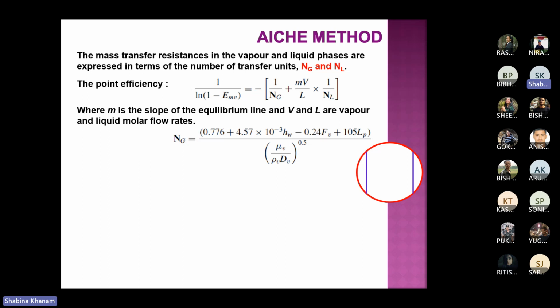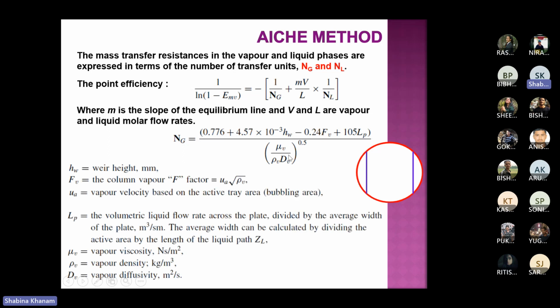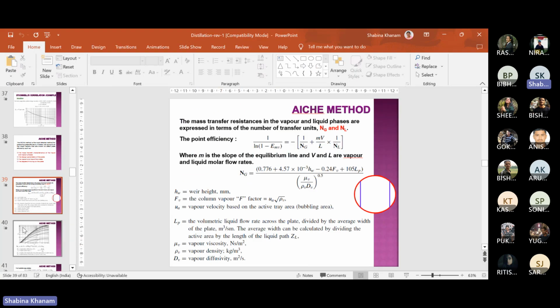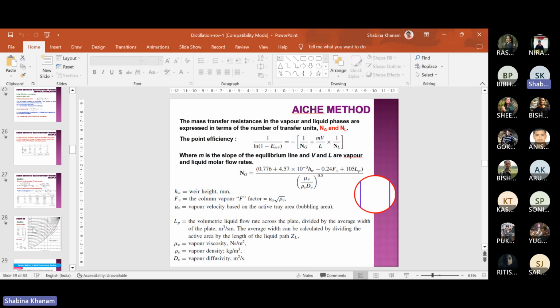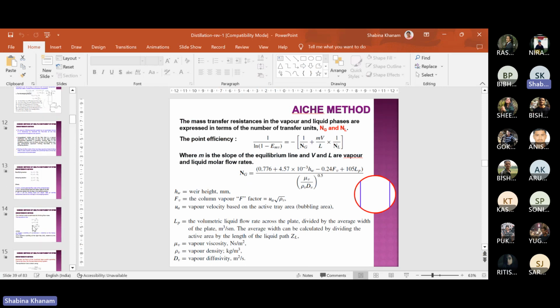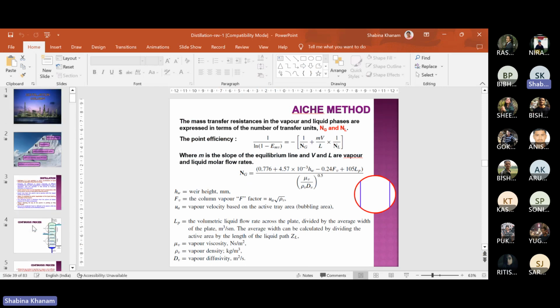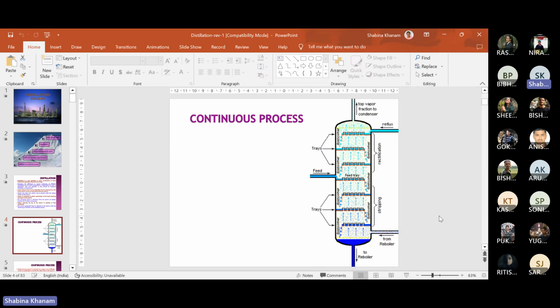And we will see the different parameters available here. The first one is HW, the weir height. I think yesterday I showed that to you. What is weir height? It is how much liquid can be available over the plate.